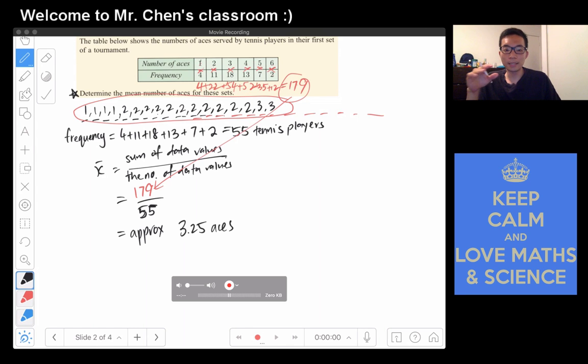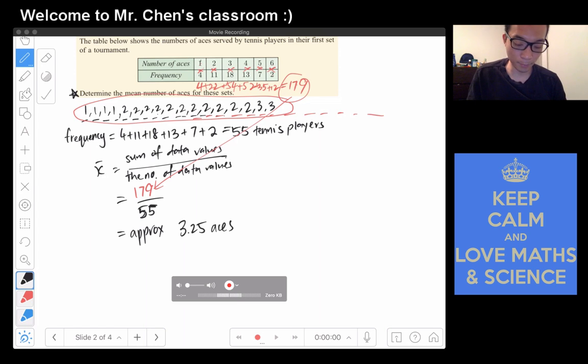And if you're hitting below 3.25 aces, you still have quite a bit of improvement to do to become the average player, because the average is 3.25 aces. So each average player hits 3.25. If you're better, you will hit more than 3.25.